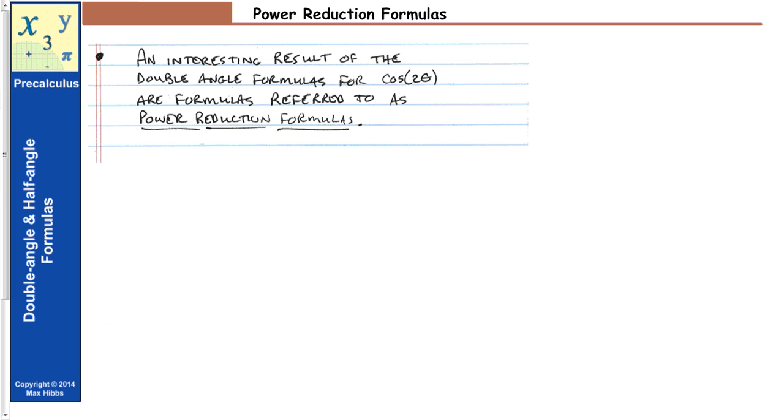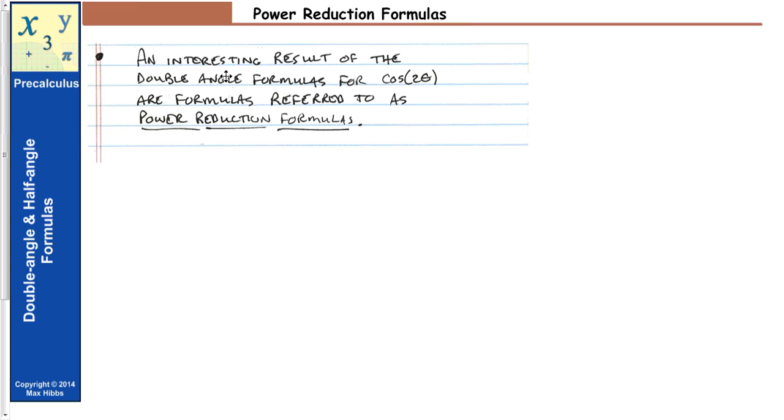Now this next slide is something that's useful in this course. Maybe we don't use it a great deal, but in your calculus courses, particularly in calculus 2, it is used a significant amount, and it's called power reduction formulas.